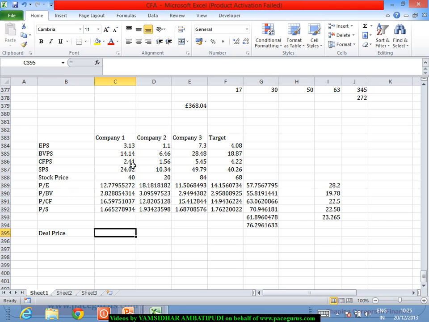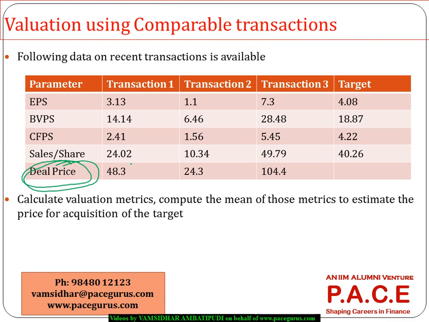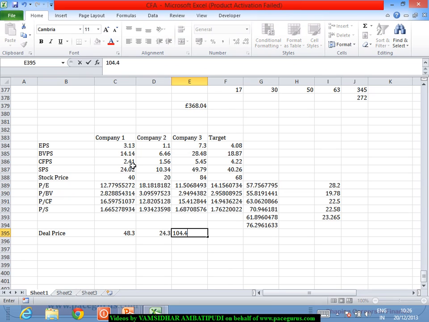So the deal price, let's say, is 48.3 for this company, 24.3 for this, and 104.4 for this. So what has typically happened is, based on this deal price, we are computing P by E, P by BV, P by S, and P by cash flow.